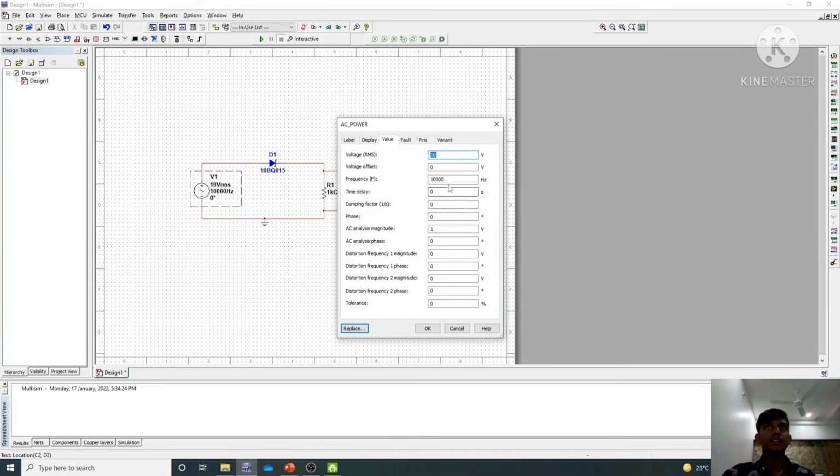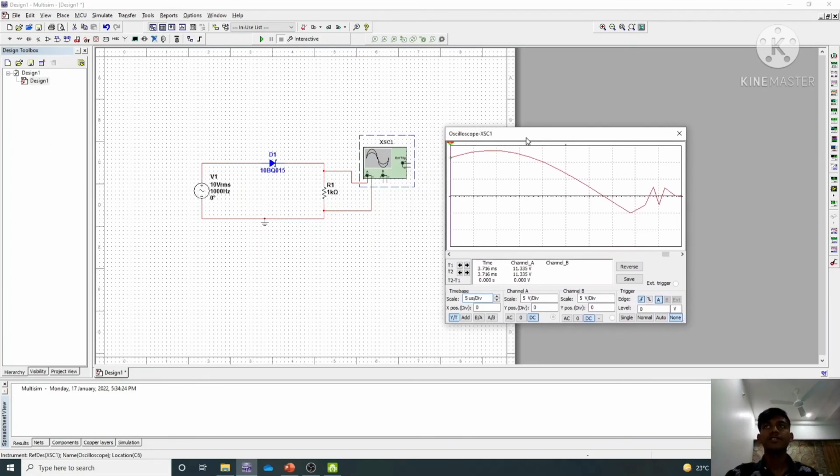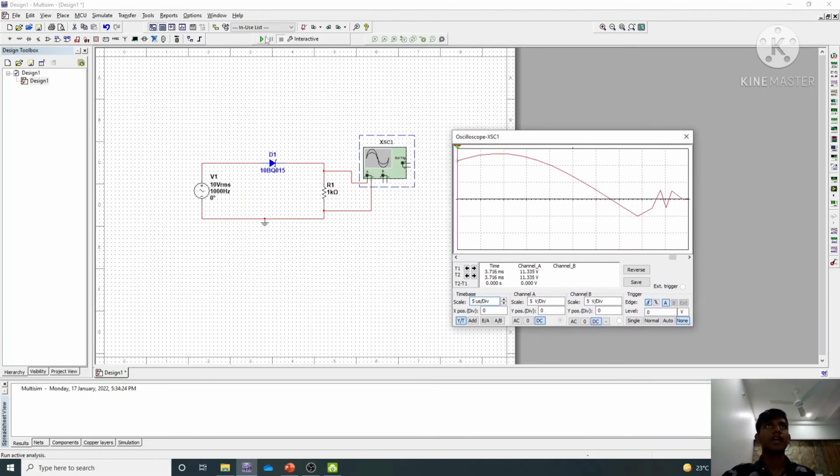Now we will apply 1000 hertz of frequency to the Schottky diode, and let's see if the diode is able to give us constant output or not. As you can see, the Schottky diode is providing us a very clear output.